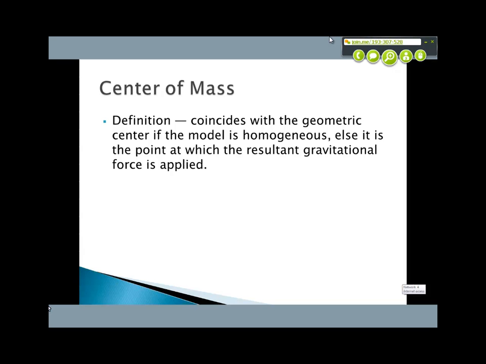So the center of mass, by definition, is different than the centroid, which is based on its geometric center. These two coincide with each other if the density is uniform throughout the entire part.